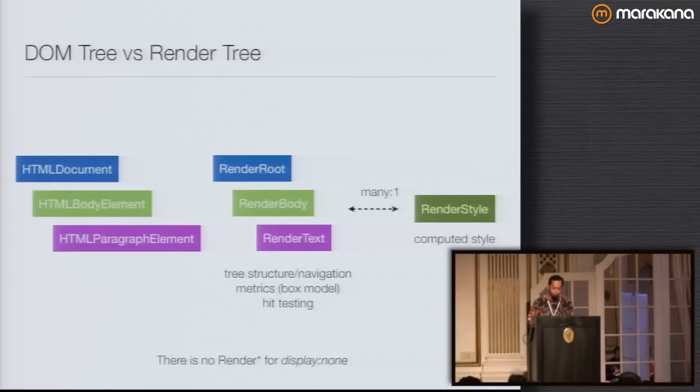And roughly, in layman's terms, this corresponds to computed style if you do a DOM analysis there. In some cases, you don't have a render tree. For example, if you set the display property to none, then there's no render tree associated with that because there's no need to display that particular node.